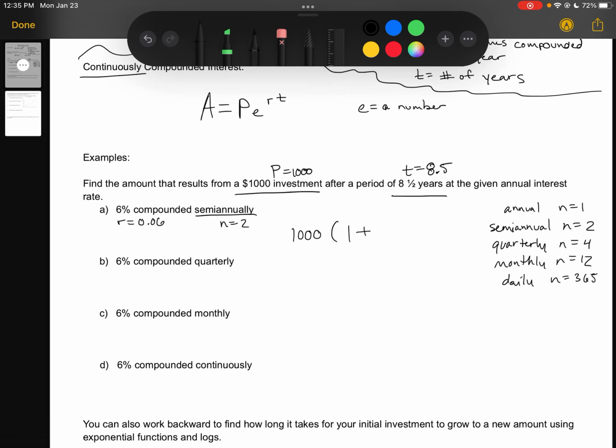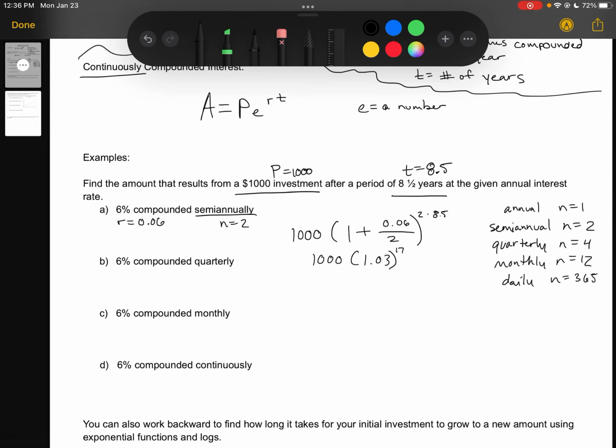So plugging this one into our formula, you have 1,000 times 1 plus R over N, and then N times T power. We can work through this one and basically just punch it all into our calculator. Start off here, if we have 0.06 divided by 2 plus 1, that's 1.03, and then 2 times 8.5 is the 17th power.